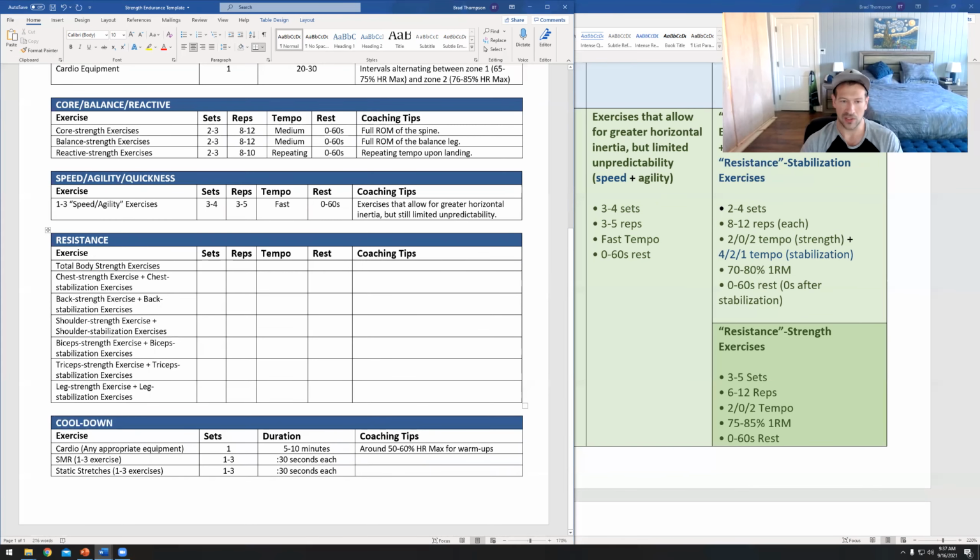So that's going to be 2 to 4 sets, and that's going to be each, right? For your reps, that's going to be 8 to 12 reps, or 8 to 12 each.